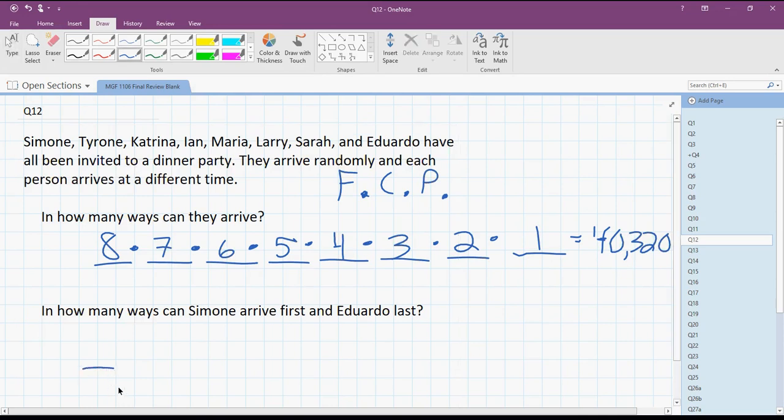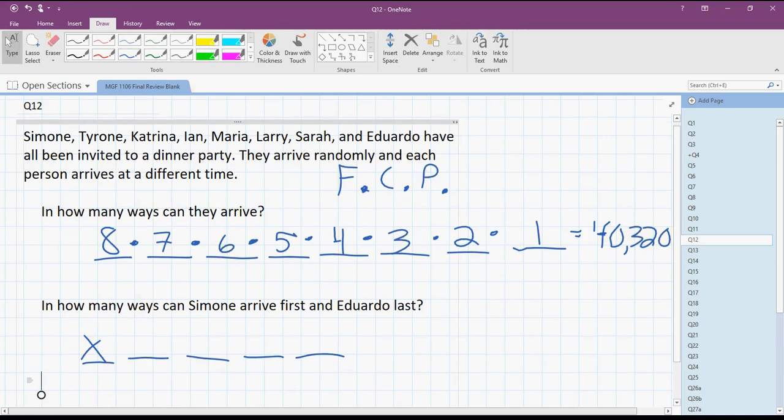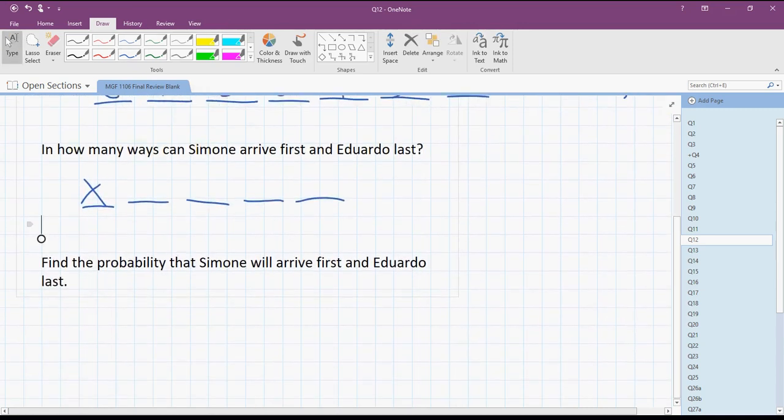So what's that telling you about our first person? They're locked in. We don't worry about this piece. We already know who that's going to be. 5, 6, 7, 8. And what does that tell us about the last person? Also locked in. That has to be Eduardo. So how many people are we worried about between? 6 through 1, right? So there are 6 different ways the second person can arrive.